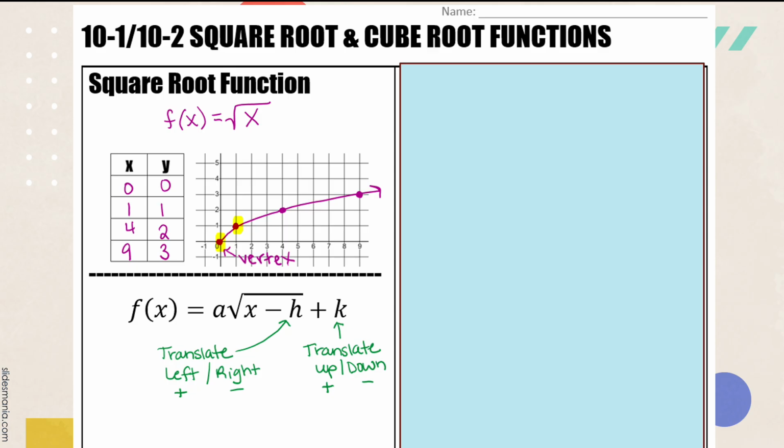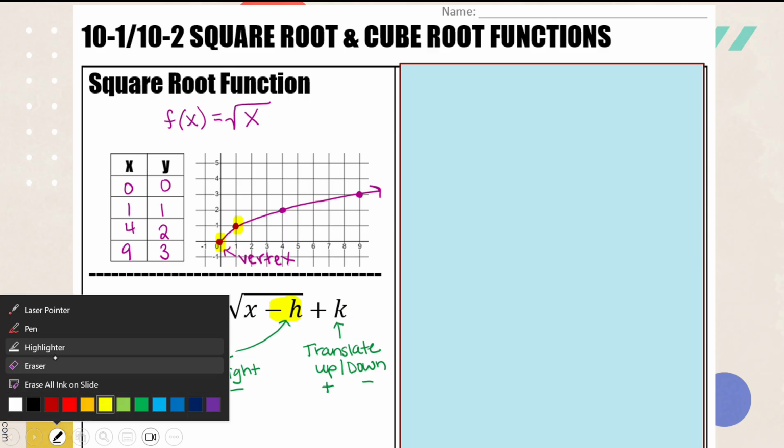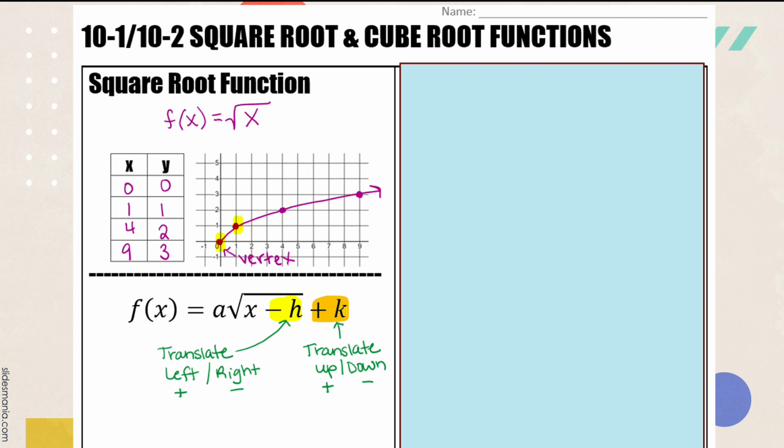So if you remember our rules for moving functions, moving graphs, we have the exact same rules that we have had before. So when we add or subtract a number underneath the square root, that's going to move our graph right or left, and it's always going to be the opposite of what you think.